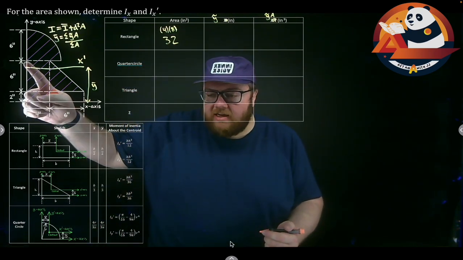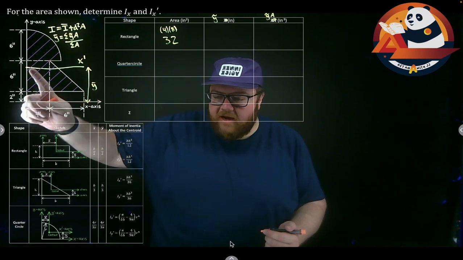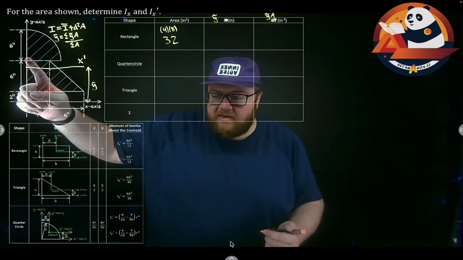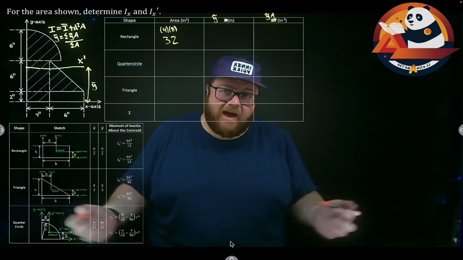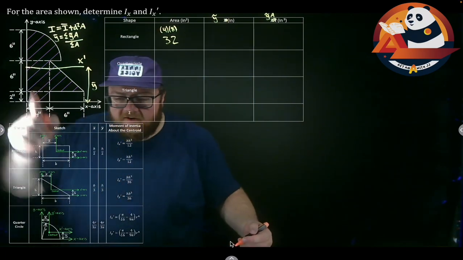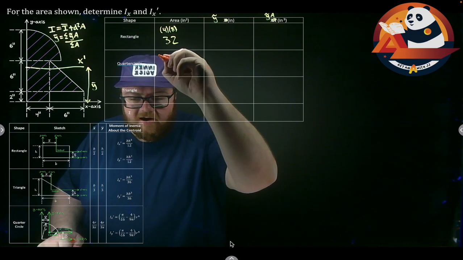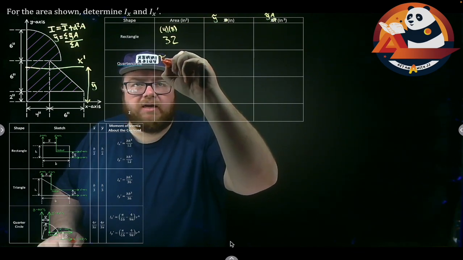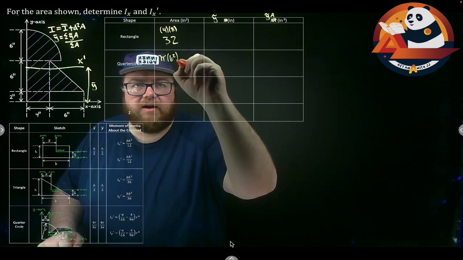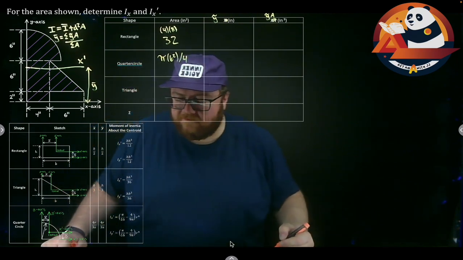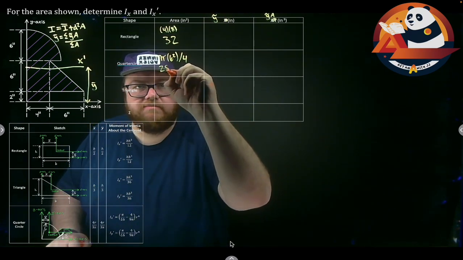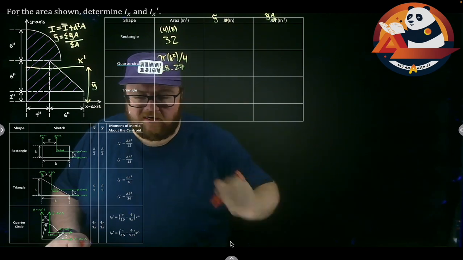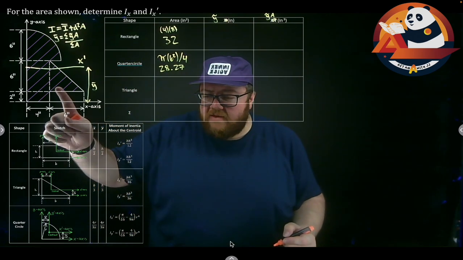My radius here, we're not directly told the radius, but I know my distance from the center of this circle up to the top of it is 6 inches. That, by definition, is the radius. So my radius here is 6, and my area is pi times 6 squared over 4, or 28.27 inches squared.